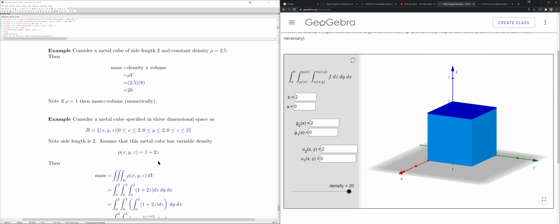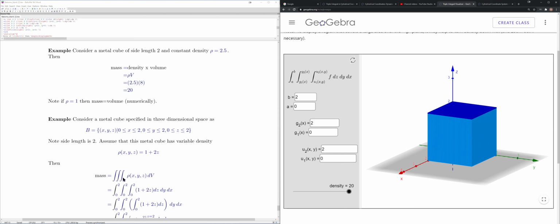In this particular function, it is changing values from point to point. When you start at the bottom, the function value is 1, and when you get to the top, the function value is equal to 5. So this function could potentially change values in your solid region B.